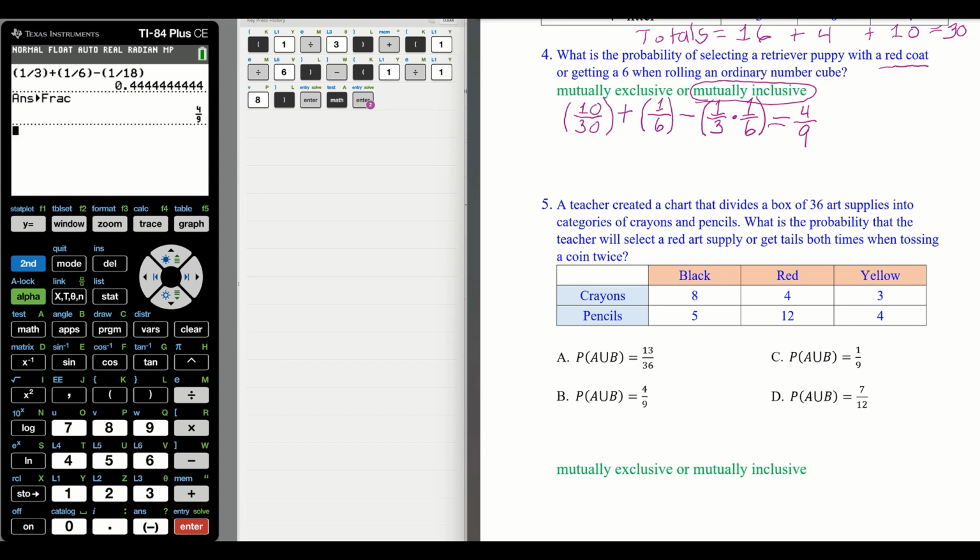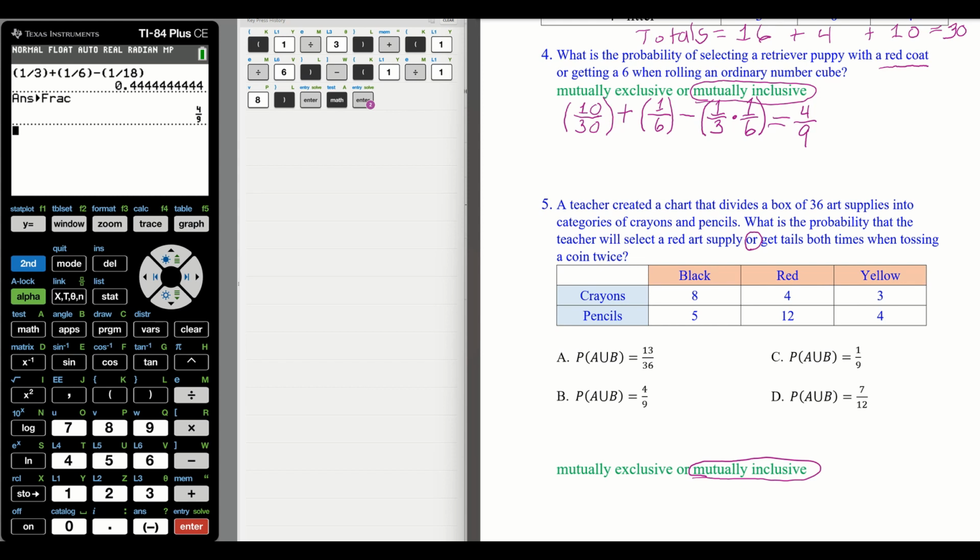Again, we're going to need our totals because we have or, so we know what we're going to at least be adding. Before we even do that, can we select one of these colors and toss a coin twice? Technically, you can do them at the same time. So we will have a situation of repetition. This means our problem is mutually inclusive.